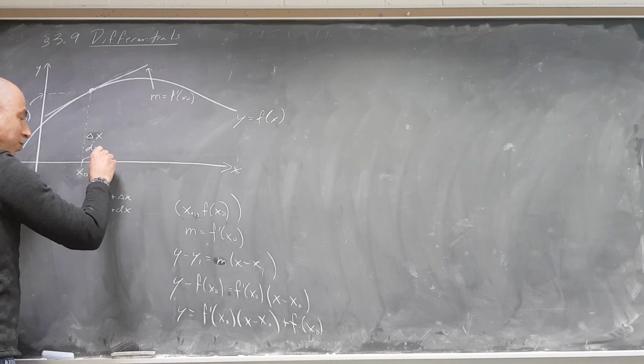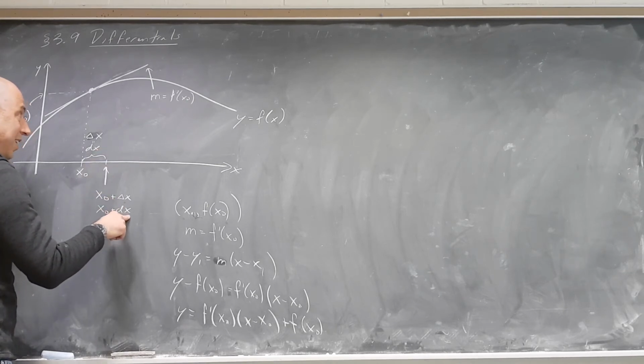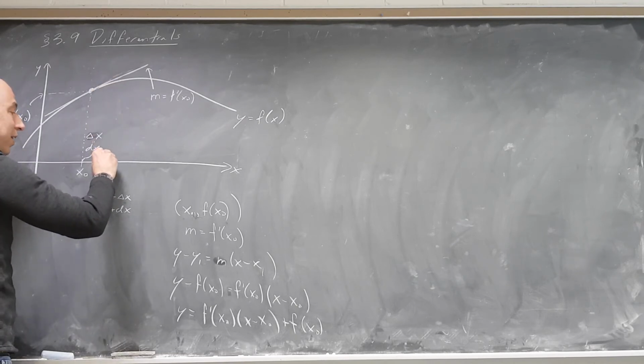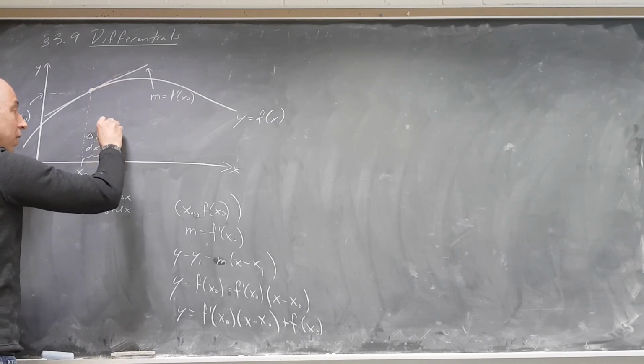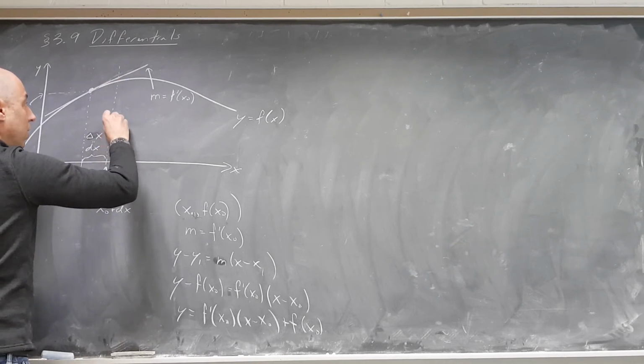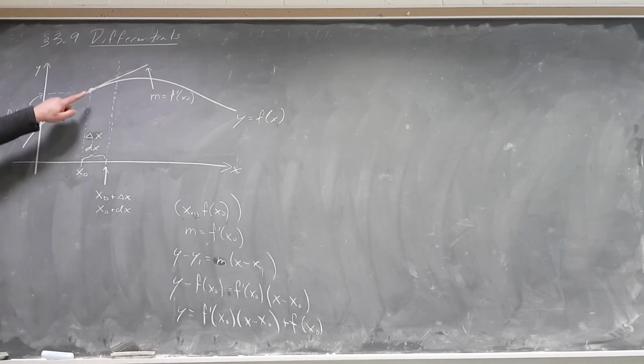Now, I want to go over to this point, x naught plus delta x, or x naught plus dx. And I want to go up to both the curve and the line. And you can see that unlike at the point x naught, where the line is tangent to the curve, here we have two different y values.